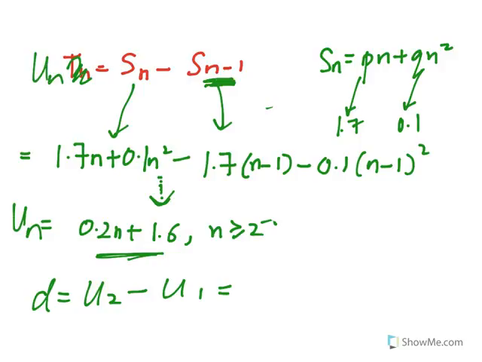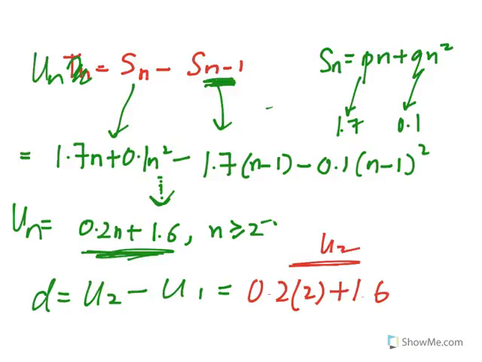What is u2? U2 is just substituting 2 into my general term. So we go 0.2 times 2 plus 1.6. This is my u2. Subtract 0.2 times 1 plus 1.6.